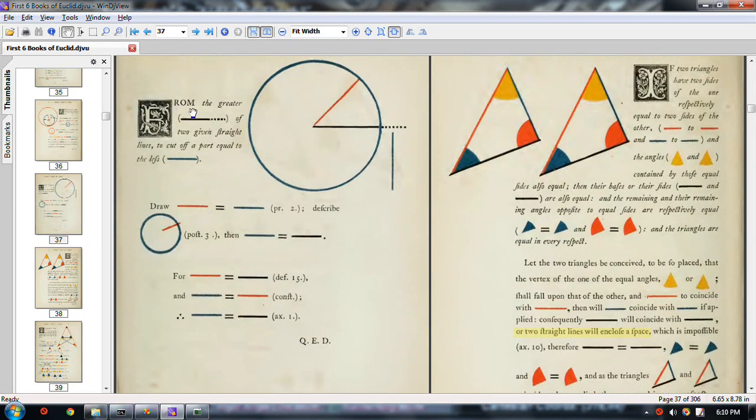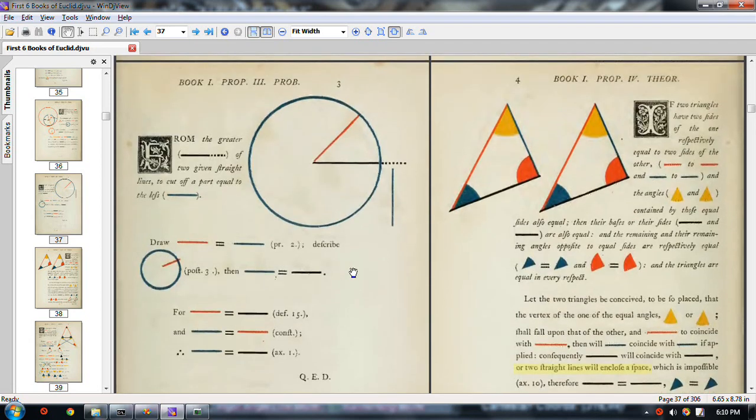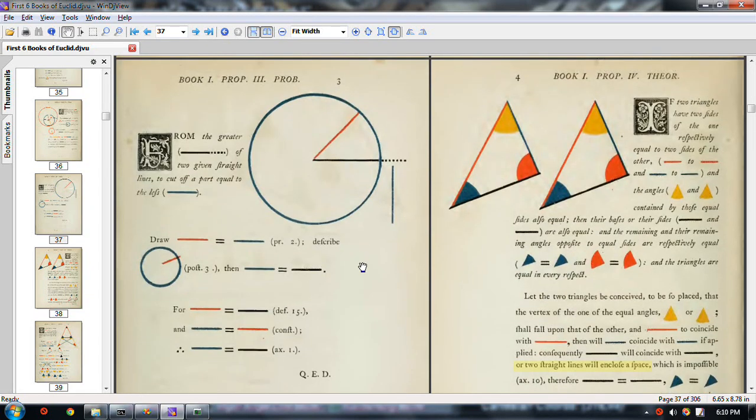And this thing here says to cut off a part equal to the lesser of the two, which also means to cut off a part equal to the greater of the two, right? We could do that too. By cutting this part off, we get two pieces, one lesser and one greater.